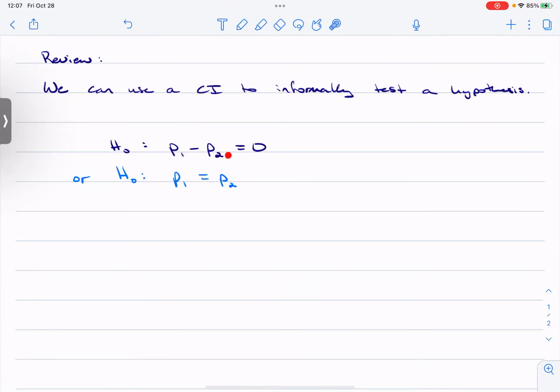But we are hypothesizing about the difference in the two population proportions. So technically, this is the hypothesis that we're testing. But what's really, really nice, like I said, is this will always be the null hypothesis for two sample proportions.